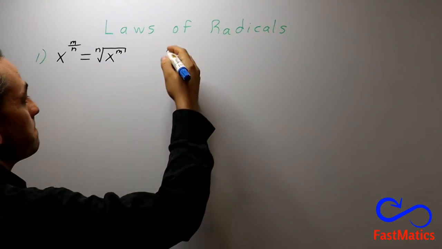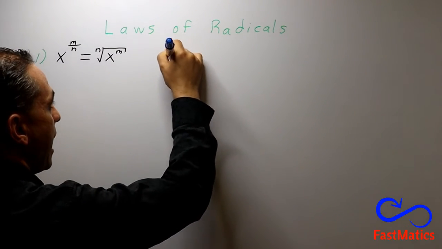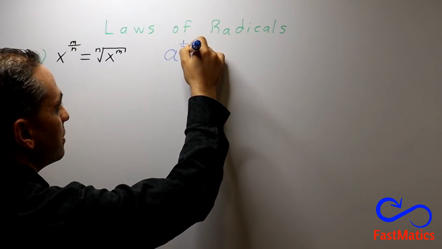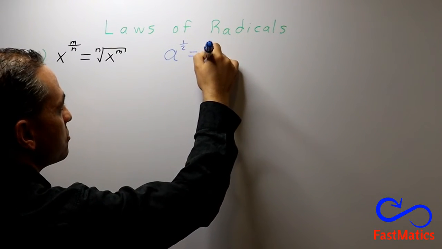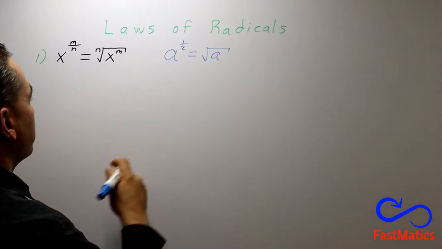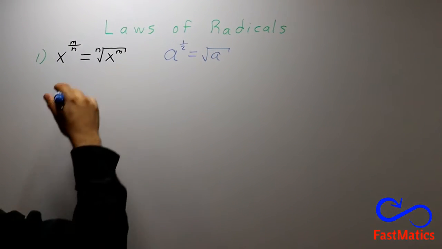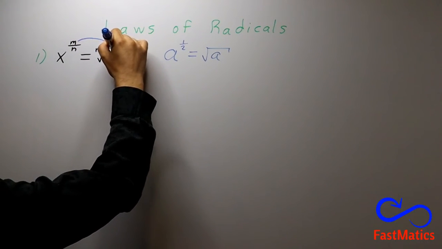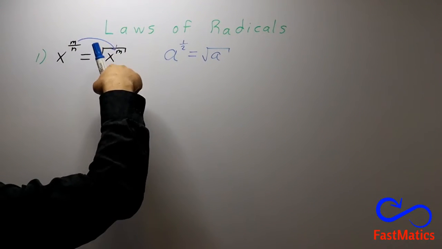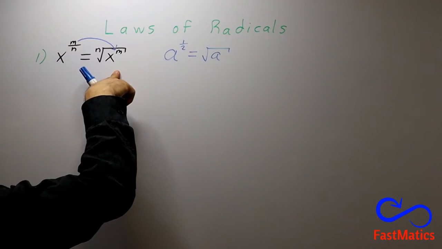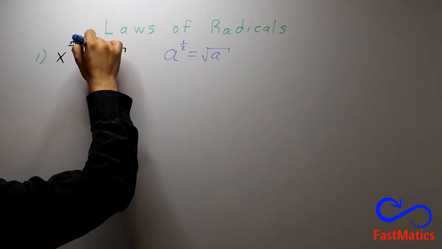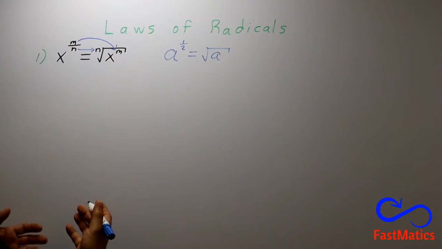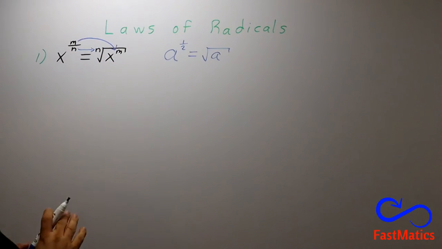For instance, a to the power of 1 over 2 is the same as the square root of a. And why? Because the numerator will give us the exponent into the radical, and the denominator will give us what type of radical we have.